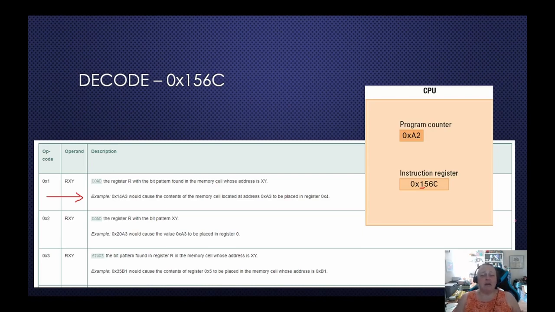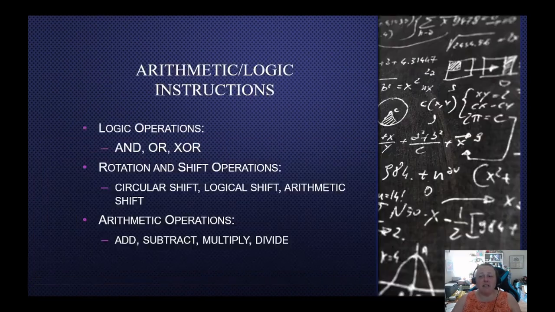These 3 steps then are just going to be repeated over and over and over again until the end of the program. Some of the instructions are to move and store, some are going to be arithmetic, logic, and shift operations. So let's take a quick closer look at the different types of operations of the instructions. First, let's look into the arithmetic logic instructions.